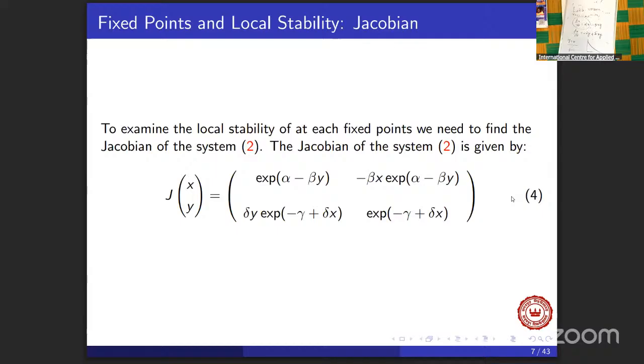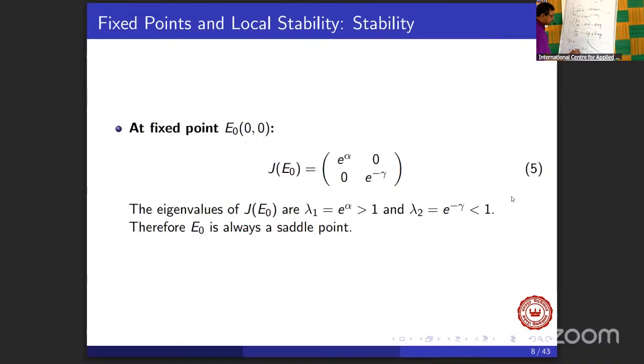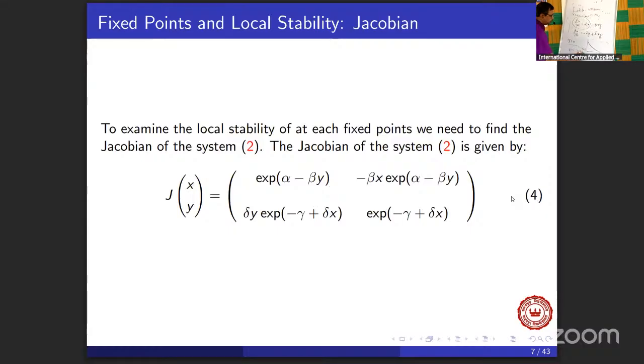Similarly, in the continuous system, we also get E0 (0, 0) and another equilibrium state E star (x, y).